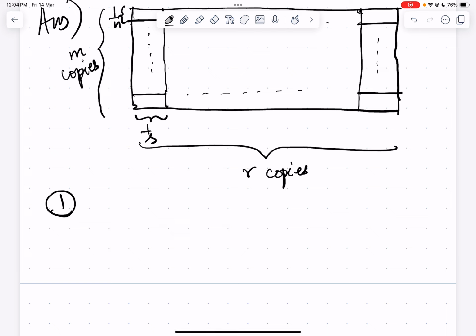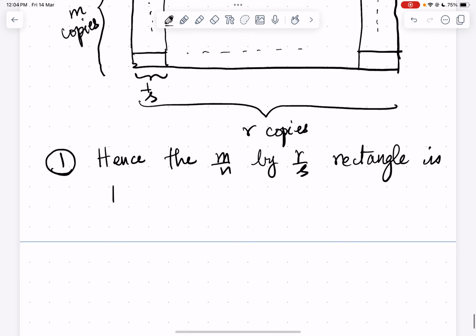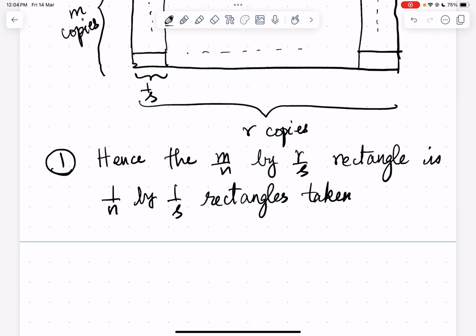So first observation, the m by n by r by s rectangle is 1 by n by 1 by s rectangles taken mr times.